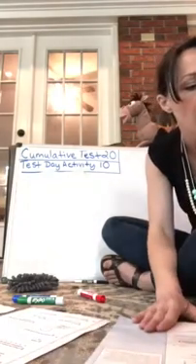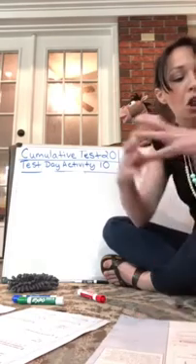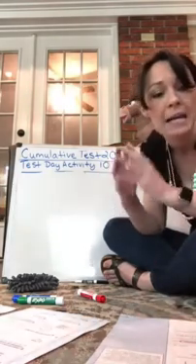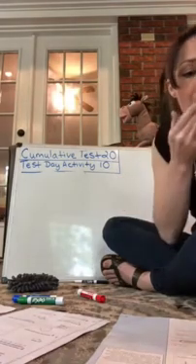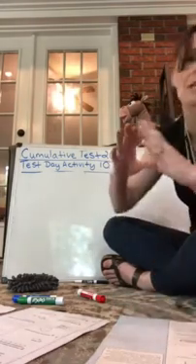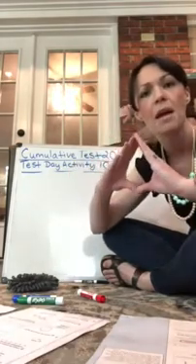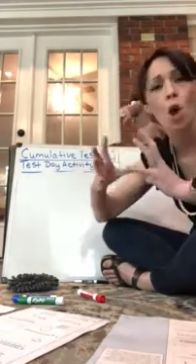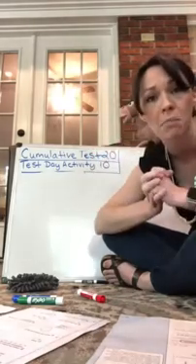Remember, our polygons are shapes that are closed and flat, and they're named by their number of sides. So they're a flat shape. They're not a 3-dimensional shape. They don't have an opening like some shapes. They're closed. So like a triangle is a 3-sided polygon.